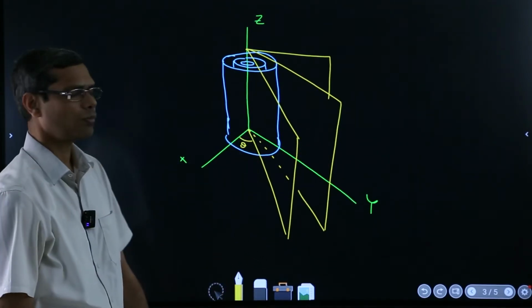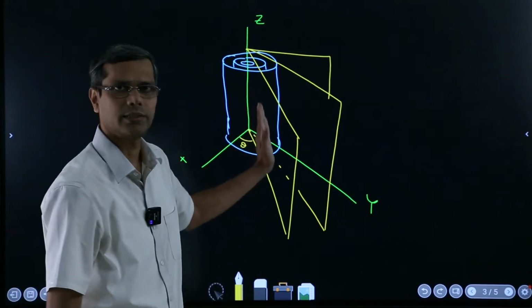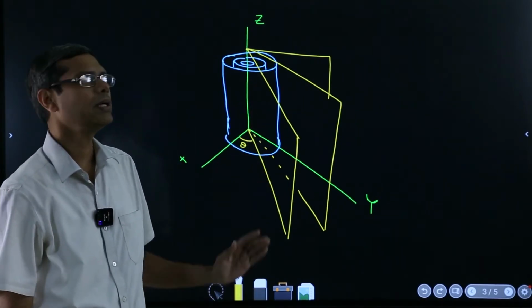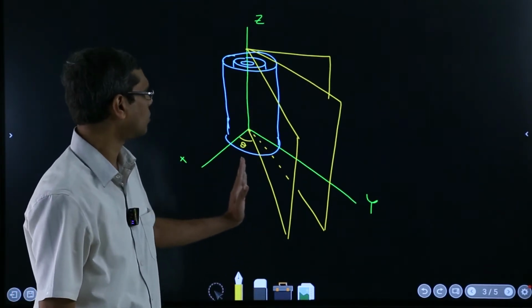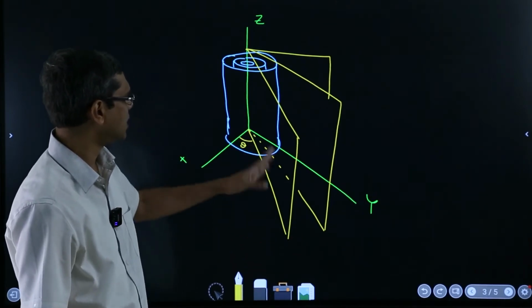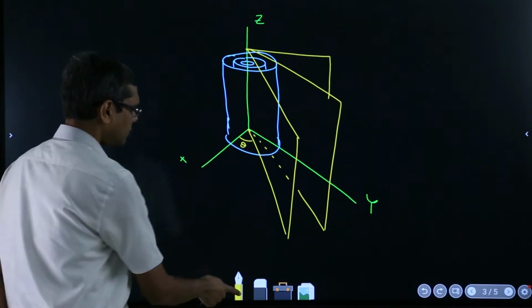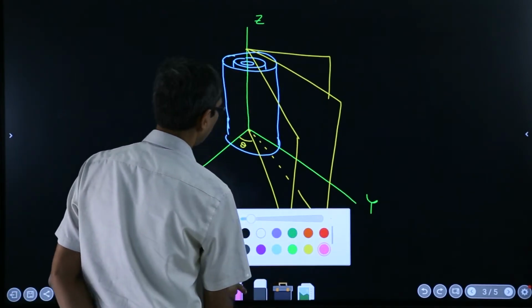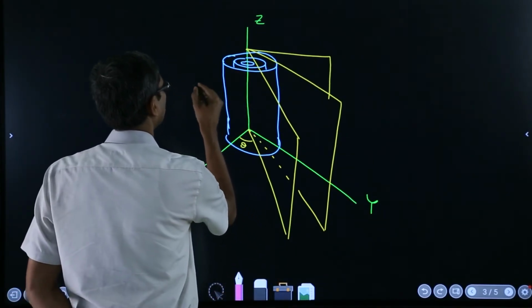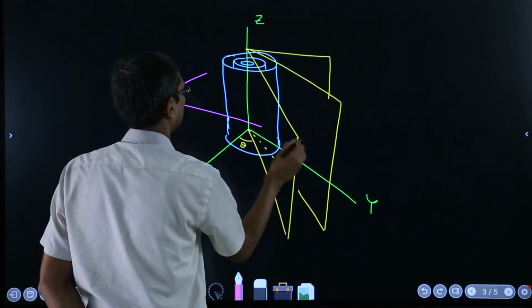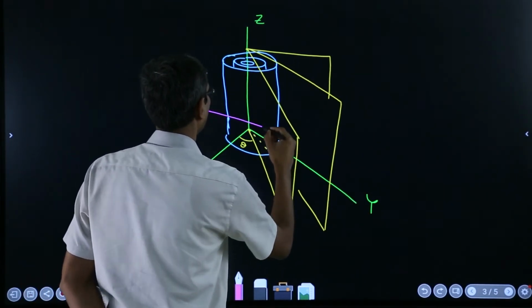If you move on these planes, you keep the theta value constant, and r you can change and z you can change. Then z equal to constant surfaces will look very similar to the Cartesian ones.